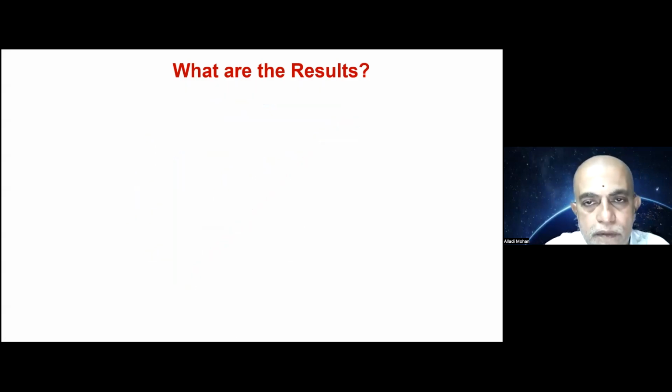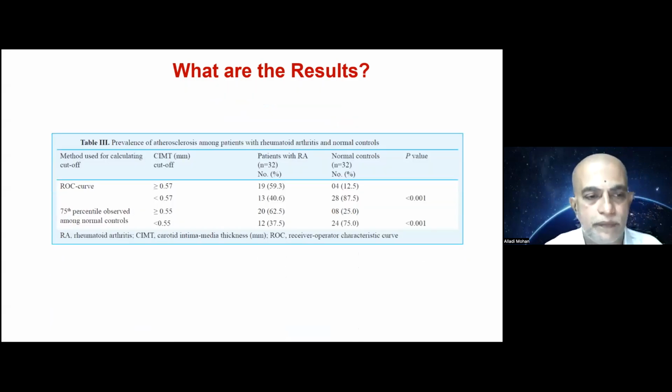So we applied the definition of the occurrence of atherosclerosis in patients with RA in normal controls using the ROC curve cutoff and the 75th percentile observed among normal controls. This cutoff was 0.55.